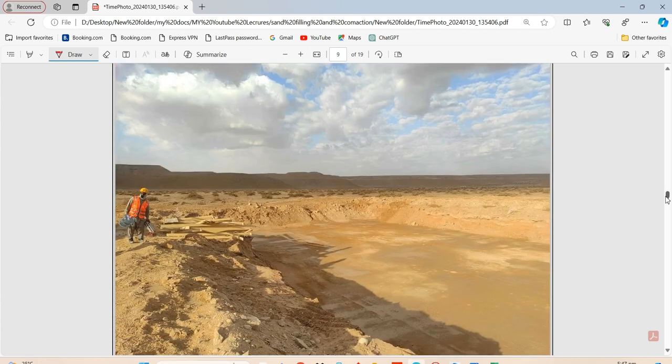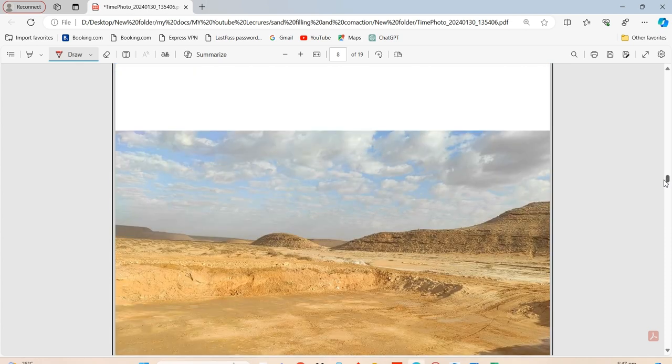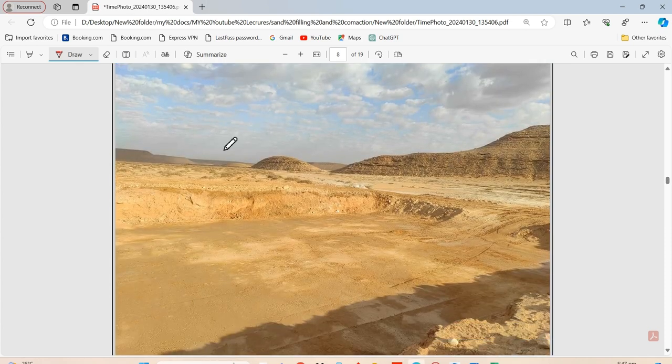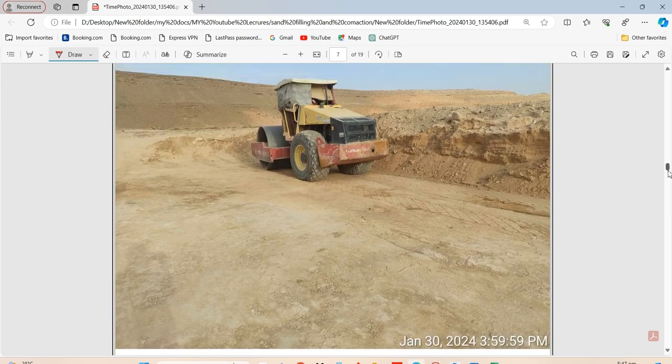After one day we see whether moisture is absorbed in the soil or not. If not, then we have to wait. You don't have to pass the roller directly over this surface after sprinkling water. You have to wait for one day, maybe 2 days, maybe some hours, based upon soil absorption and temperature. See here, temperature is good. It's a sunny day, so it takes around one day. Next day, your site is ready for compaction.